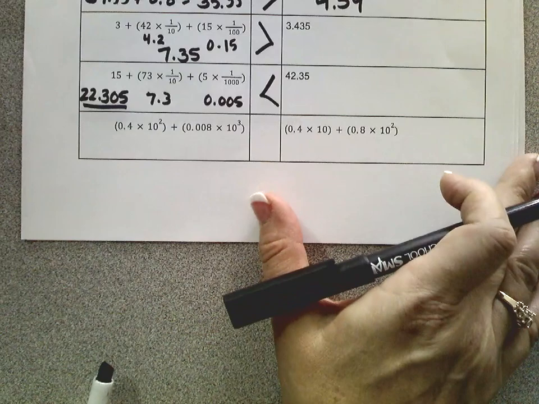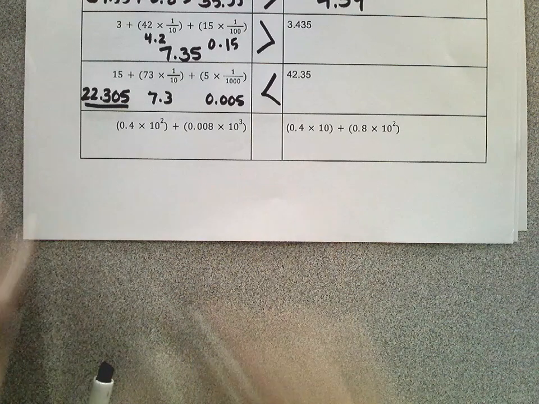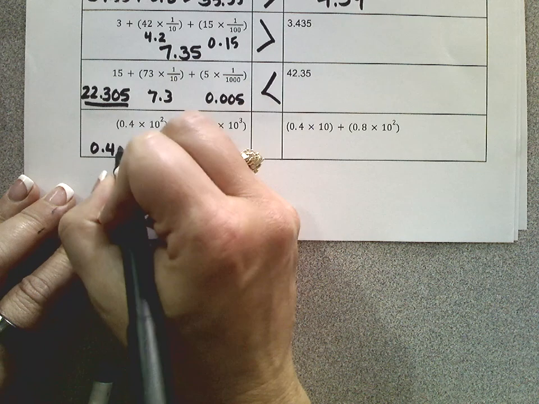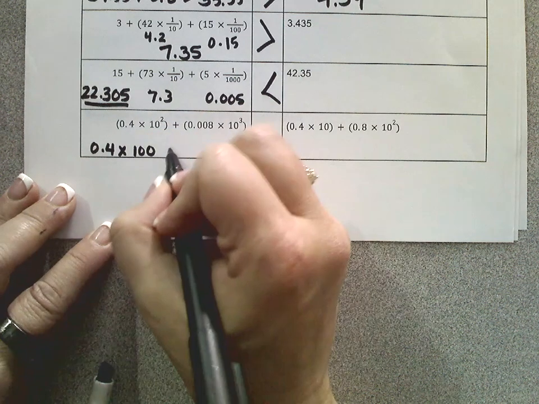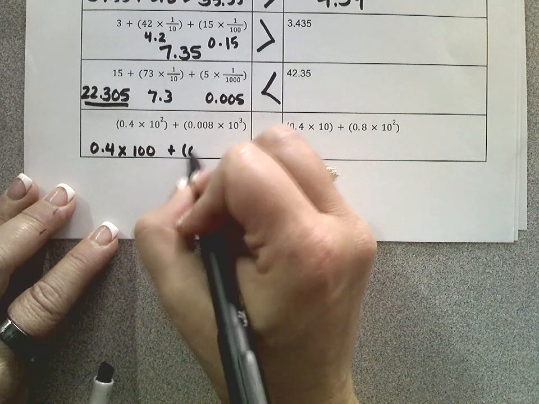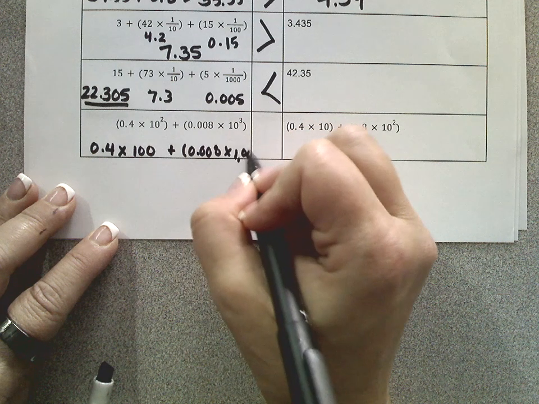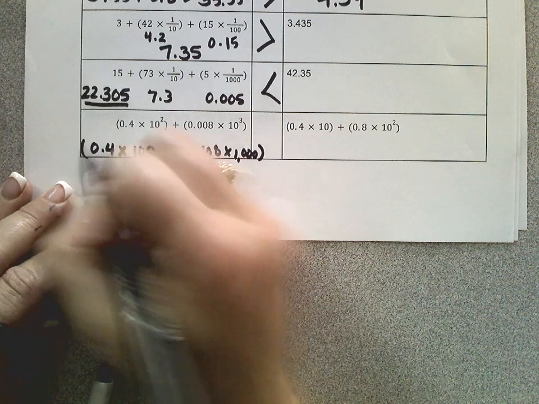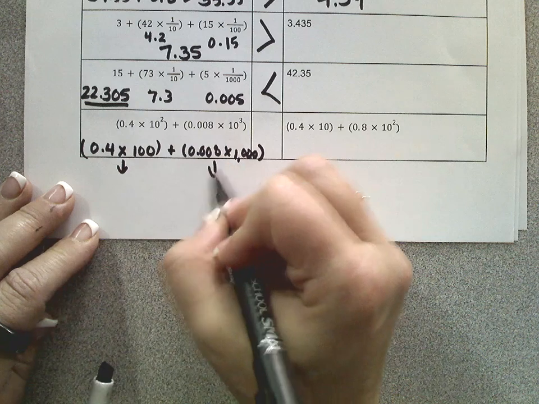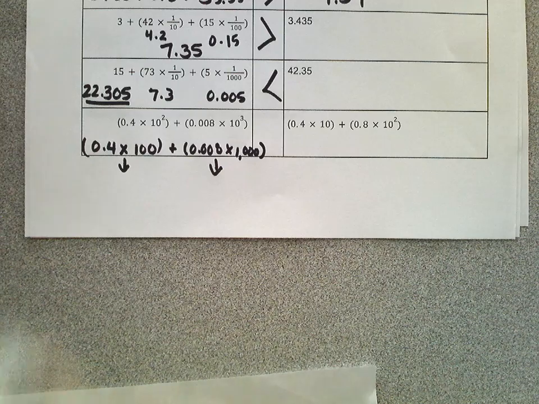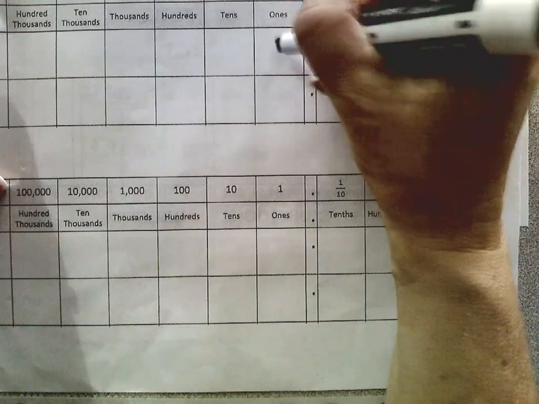And last problem, we got to solve some problems. So here we have 0 and 4 tenths times 100 plus we have 8 thousandths times 1,000. So we're going to have to solve both of these problems before we can put it together. Using our trusty place value chart, we have 4 tenths.